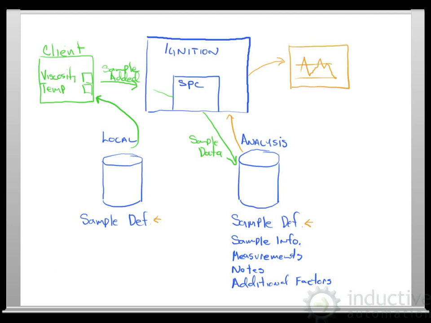So why do we separate it out in two databases like this? Well, the main reason is that this connection here goes through store and forward. What store and forward is, that's built into Ignition.